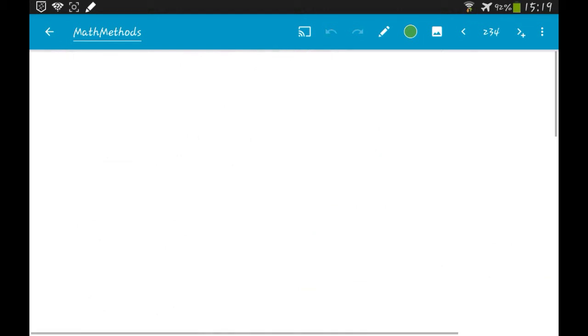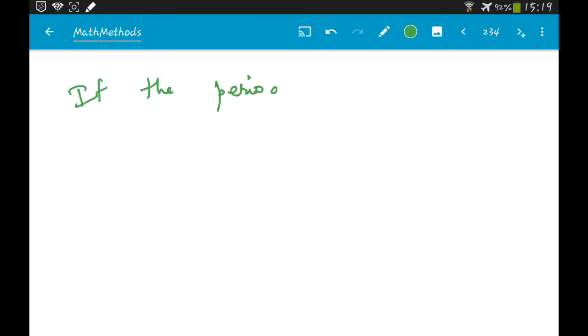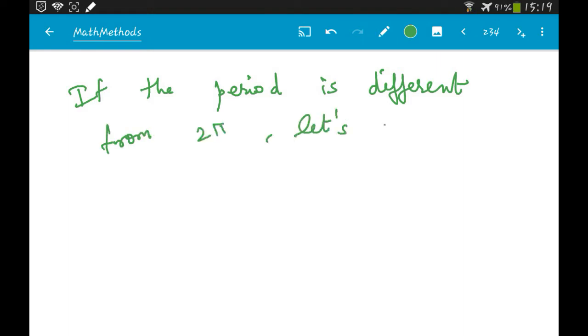But what happens if the period is not 2 pi? If the period is different from 2 pi, let's say the period is 2L.